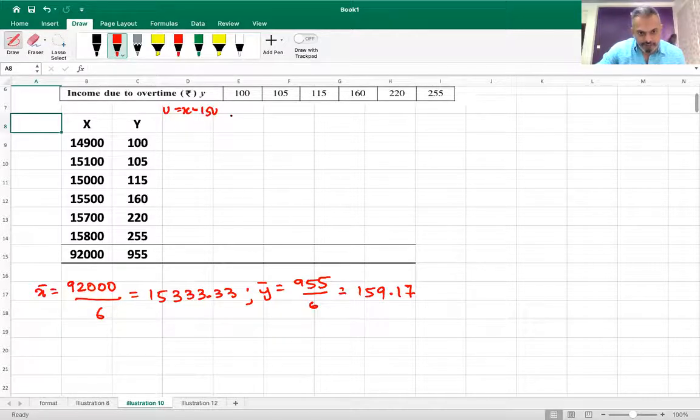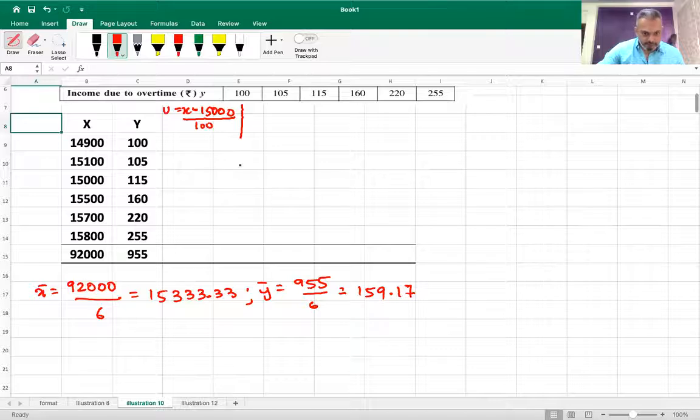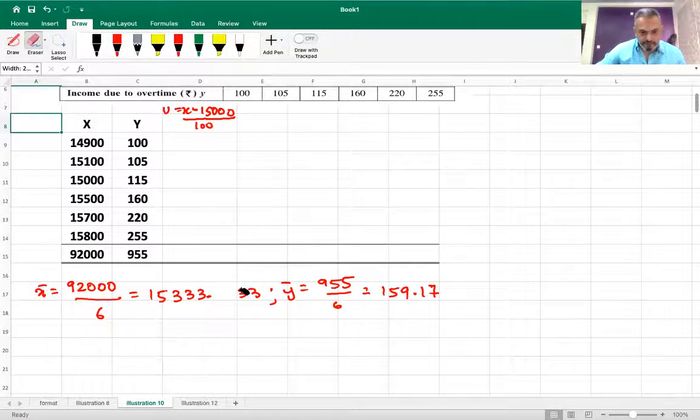So here you write x minus 15,000 upon, what is the common divisible number over here? You can see common 0, 0, divide by 100. So this becomes your first part. Now, just a minute, let me adjust this so that it becomes easier for us to calculate on Excel.